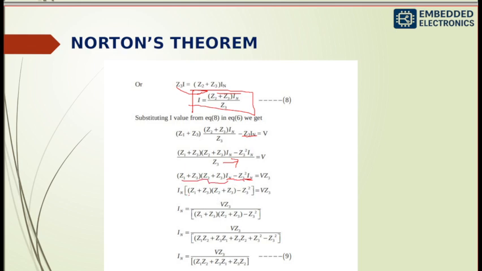So move this to the right side, then you will get the IN value. So now you need to multiply this Z1 Z2 plus Z1 Z3 plus Z2 Z3 plus Z3 square minus Z3 square. Now Z3 plus Z3 minus Z3 cancel each other, then you will get this equation, that is the I1 equation.